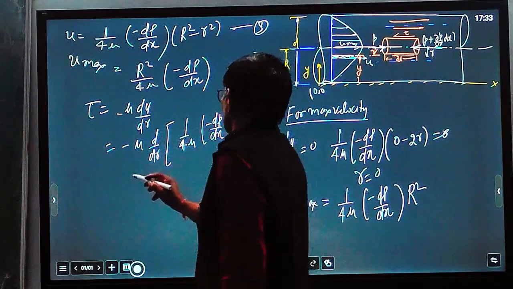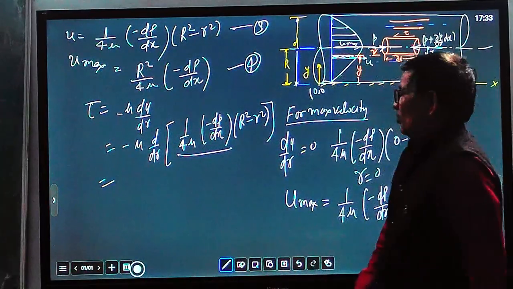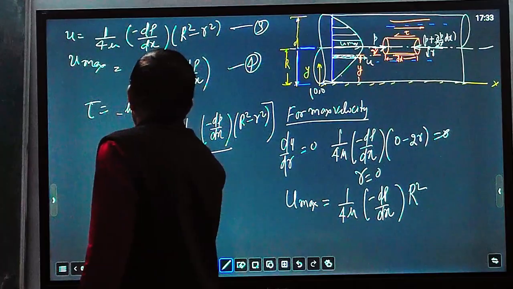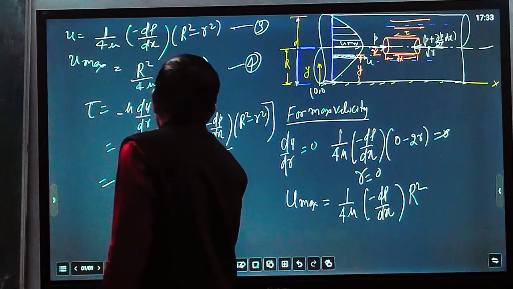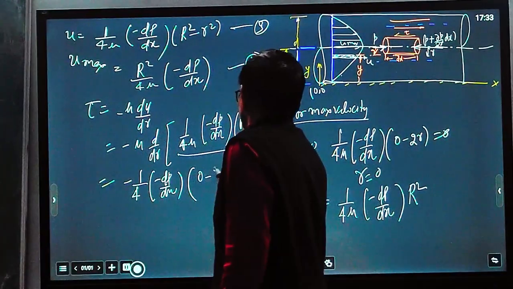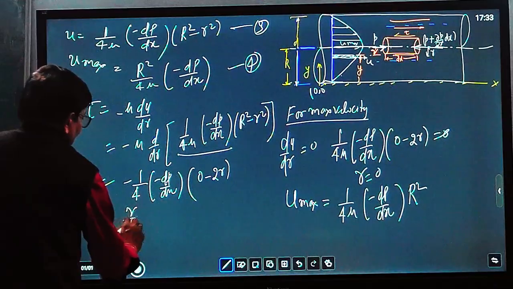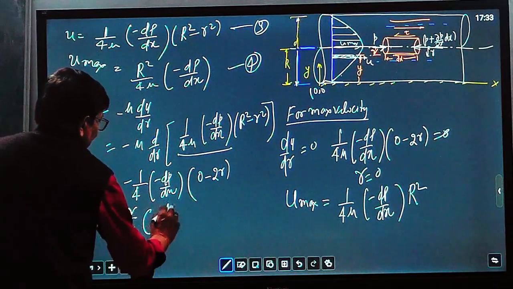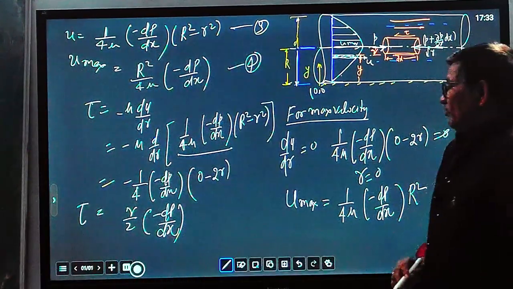Differentiating with respect to r, the common constant you take out of the bracket, so it becomes minus 1 upon 4, minus dp over dx, in bracket 0 minus 2r. So it becomes r upon 2, minus dp over dx.